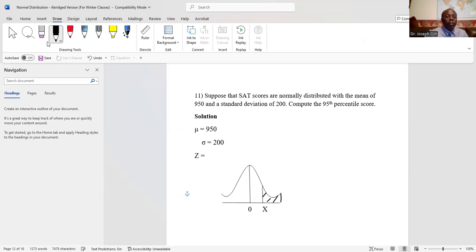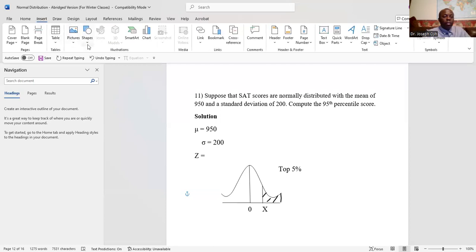Like I said, the 95th percentile score is a score such that 95% of all the scores are below it. So we have the top 5% right here.